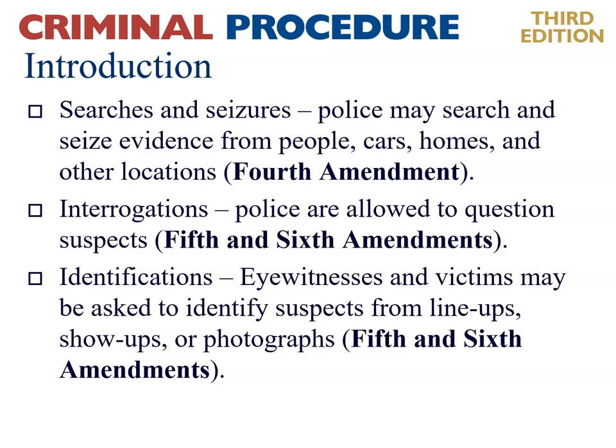These include search and seizure, which means that the police may search and seize evidence from people, from cars, from homes, and from other locations. As long as law enforcement complies with the Fourth Amendment, everything will be okay, and typically that evidence will end up being admissible. And this, again, falls under the Fourth Amendment, the search and seizure.